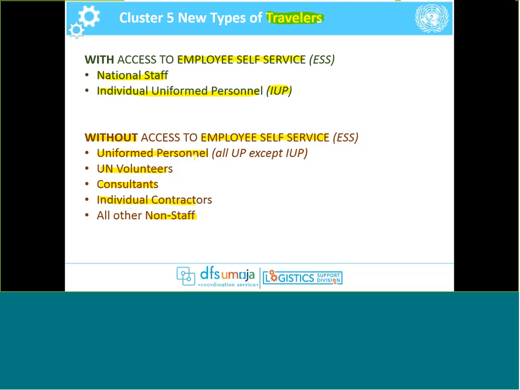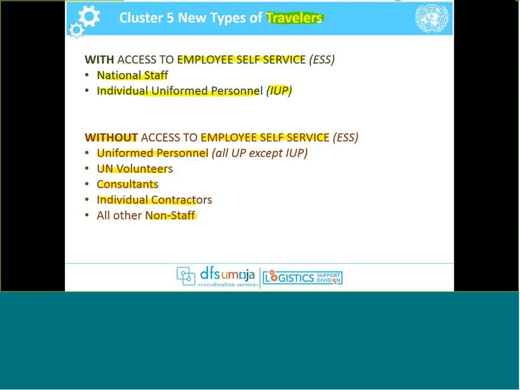Basically, the difference between IUPs and uniform personnel, you can understand by the type of uniform personnel. Normally, IUPs are the ones that are deployed in the mission using a commercial flight, like police officers, staff officers. So there are three different groups within the military category that are considered IUP.